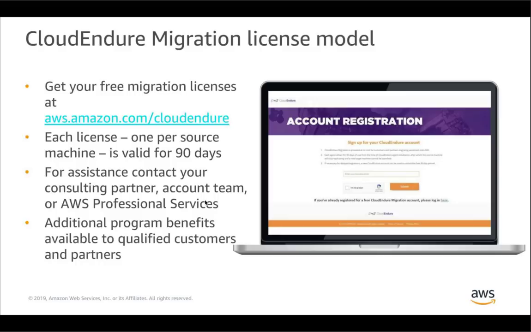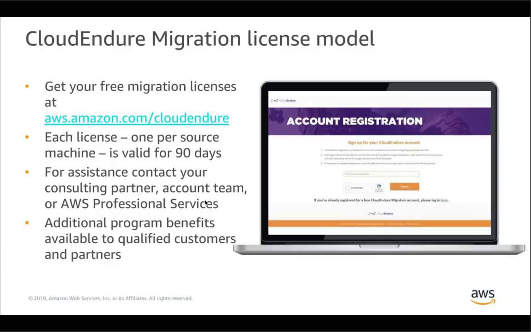Each free CloudEndure migration license allows for 90 days of use following the agent installation. During this period, you can start the replication of your source machines, launch target machines, and perform the scheduled cutover to complete your migration. After this 90-day period, your machines will stop replicating and new target machines cannot be launched.